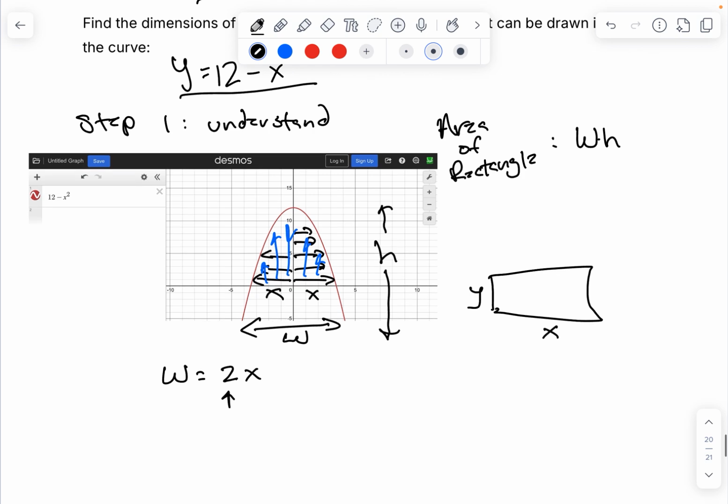So let's just write that out. We'll have y is equal to 12 minus x squared. So we have your width and we have our height. This is our height. So now let's plug these into the area function.